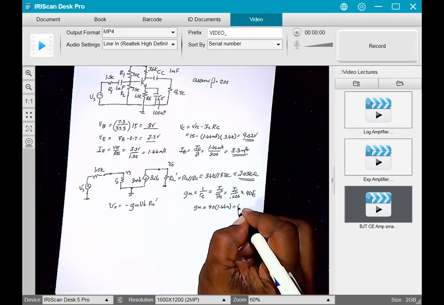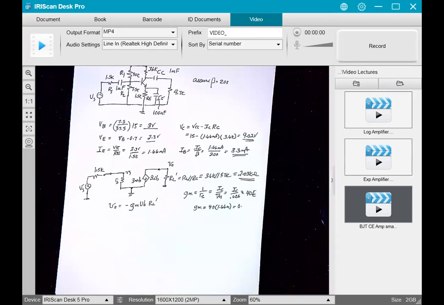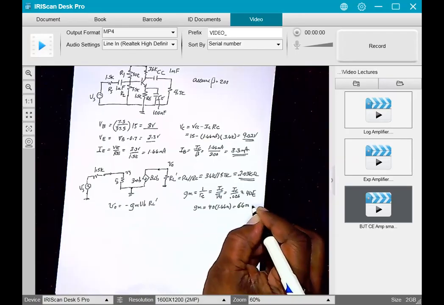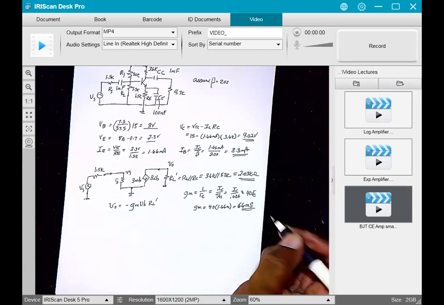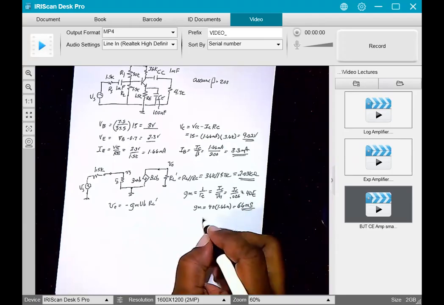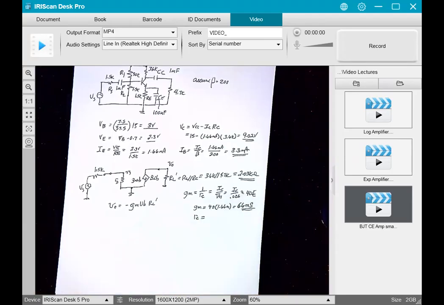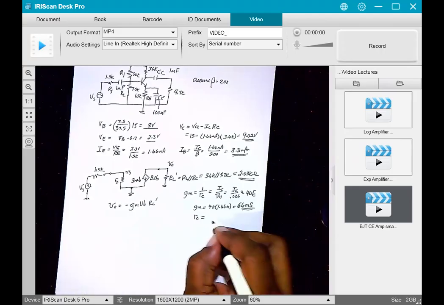Let me go ahead and put 1.66. That's 66 millisiemens, which is 1 over resistance. So re is 1 over gm. You want to know what that is?